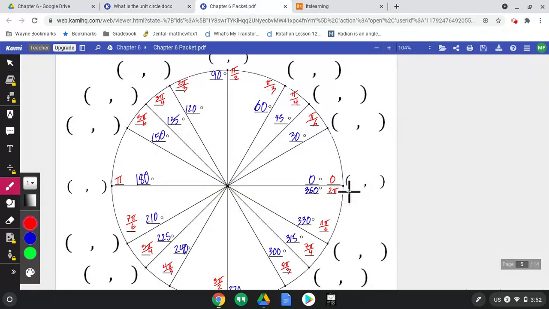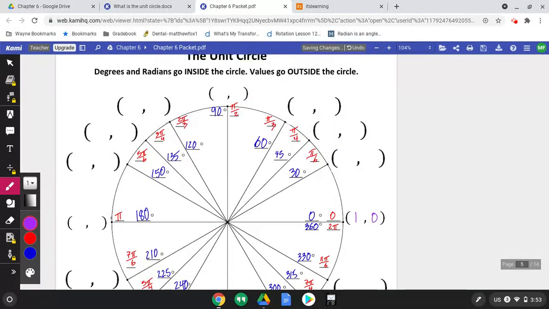Okay, so if we fill that in, let's see, I'll go ahead and do that. It's purple here. So right here on the right side, we have the point (1, 0). Up at the top, the point (0, 1). On the left here, we have (-1, 0).